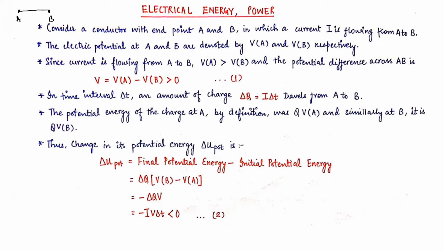One of the most important basics was Ohm's law and the resistance provided by the conductor, by the insulator, or by the semiconductor. Every material provides resistance, only the magnitude of resistance differs in these cases. Now the other one is electrical energy and power.